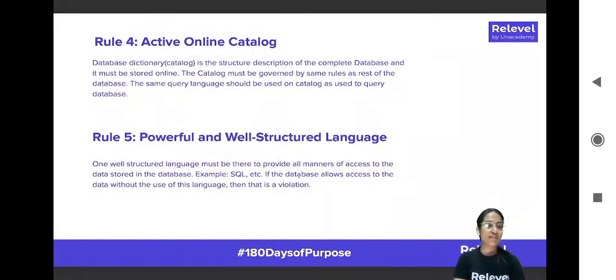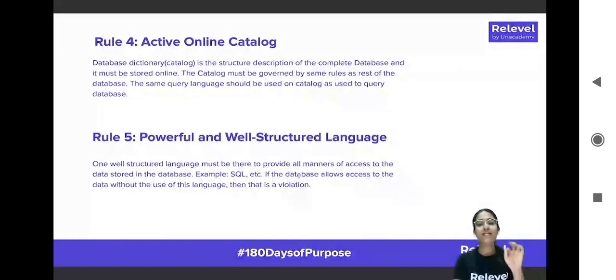Rule number 5 is a powerful and well structured language. One well structured language must be there to provide all manners of access to the data stored in the database. For example, SQL. SQL stands for structured query language.